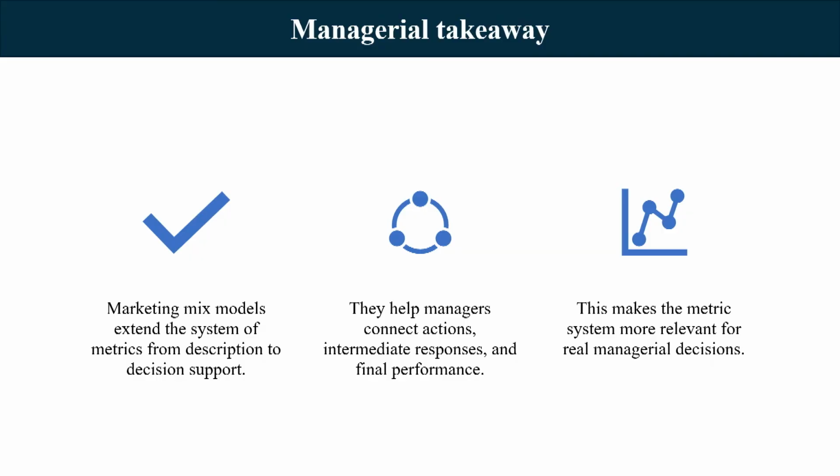This makes the metric system far more relevant for real managerial decisions. Rather than isolated metrics, a system of metrics can always explain the phenomenon better, and you are always privileged to take an informed decision.